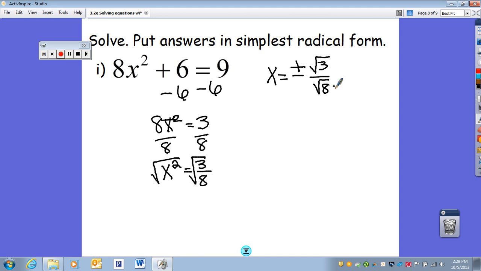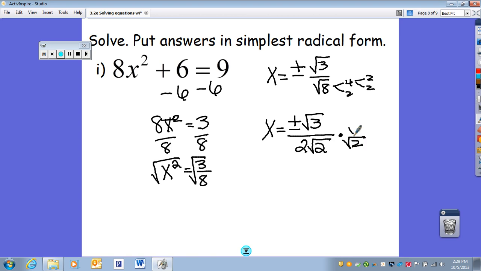I can make a factor tree for 8, 4 times 2 and 2 times 2 to simplify the denominator. So I have x equals plus or minus the square root of 3 over, one of the 2s can come outside and the other 2 needs to stay underneath. But we still have a radical in the denominator, so we need to multiply both the top and the bottom of our fraction by the square root of 2.